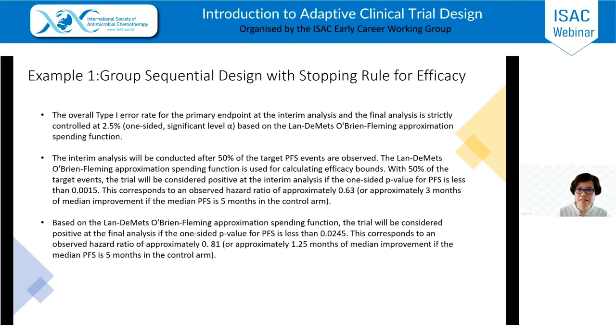Then they have one interim analysis. Now, how are you going to split this? There are lots of different methods, depending also on how you think about your study and other information. So you need to go to a statistician and discuss how you're going to split this alpha. Here, the interim analysis will be conducted after 50% of the subjects already have the PFS results, not 50% of the subjects enrolled.